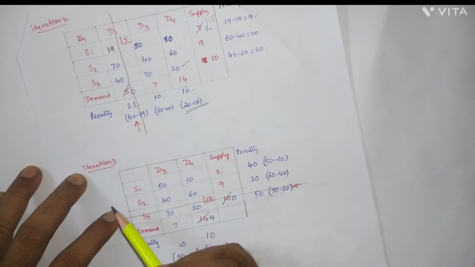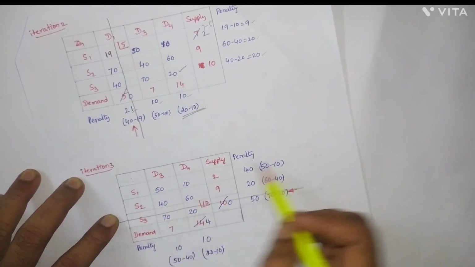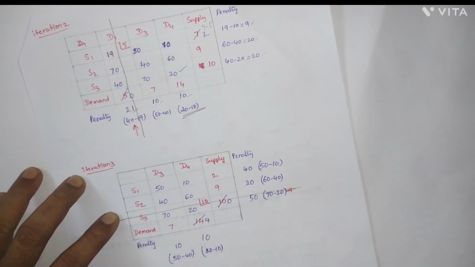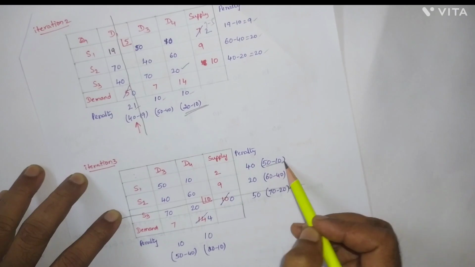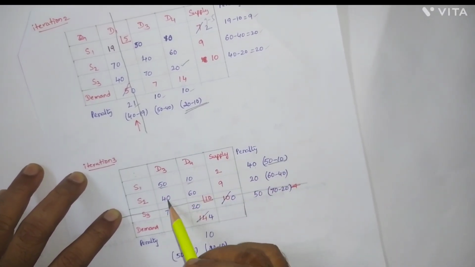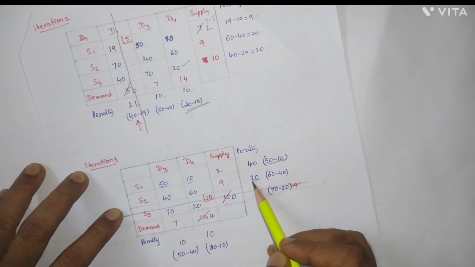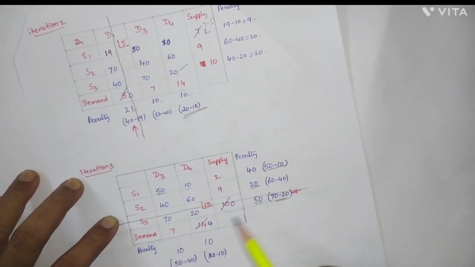So once again we have to calculate penalty values row wise and column wise. For the first row it is 50 minus 10, 40. 60 minus 40 equal to 20. 70 minus 20 equal to 50.